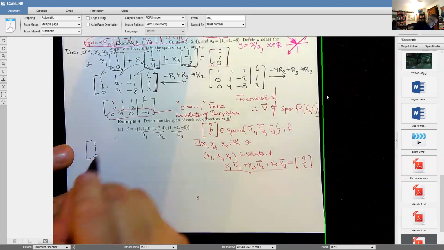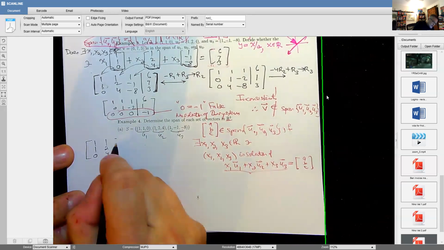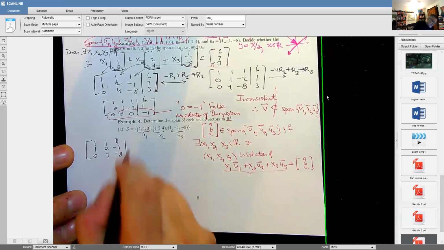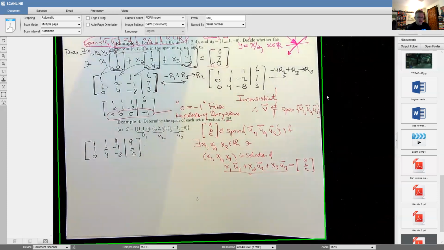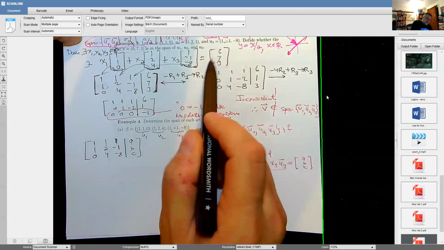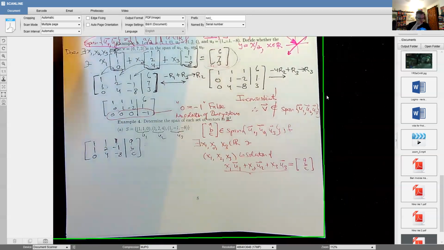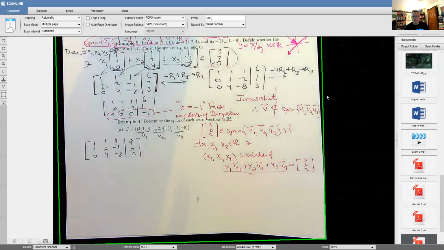So it's 1, 1, 0, 1, 2, 4, 1, -1, -8, bar, ABC, right? So we're trying to find what conditions, and we know there's going to have to be some, because we just saw that there was a vector that wasn't in the span of them, right? So this is not going to have a solution for all choices of A, B, and C. There's going to be some restriction on them somewhere. We have to find what it is.